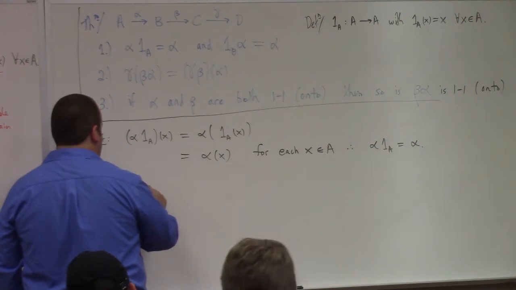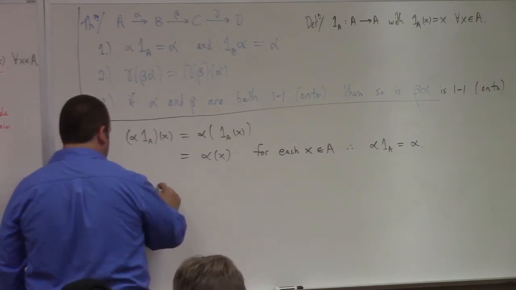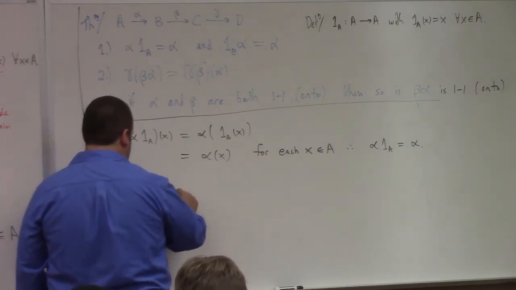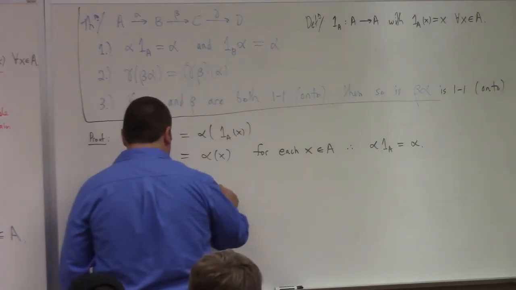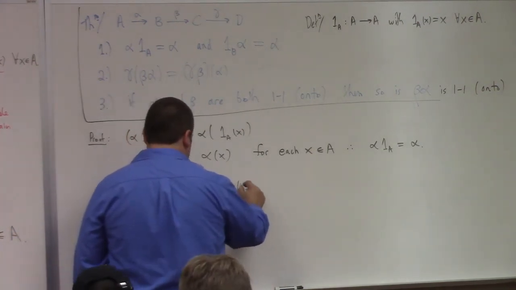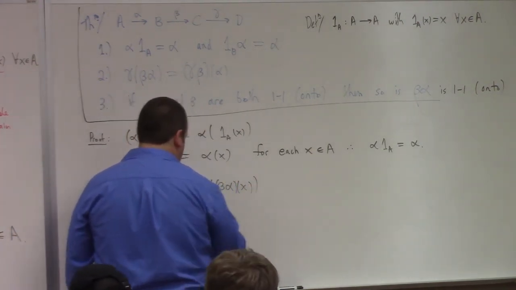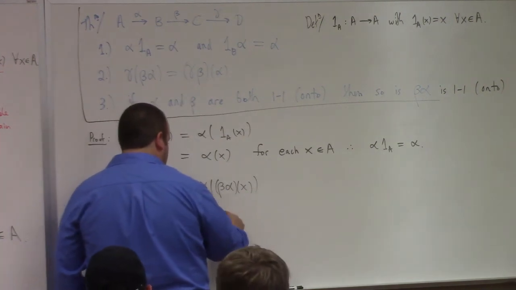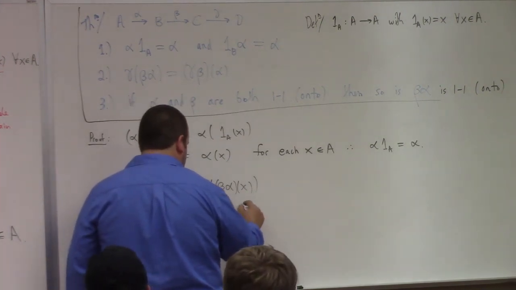We take gamma of beta alpha of x. What's that equal to? It's gamma of beta of alpha of x.